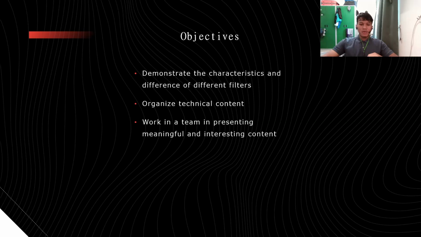Lastly, we will showcase how our team collaborated to present meaningful and interesting content about windowing filters in digital signal processing. So, with that, let's move on to the next person to explain the theory and characteristic of both windowing filters that we chose.